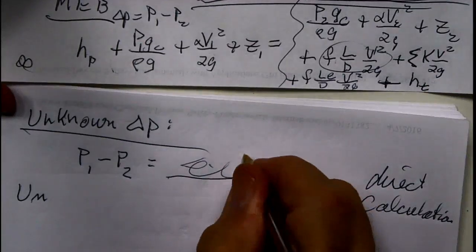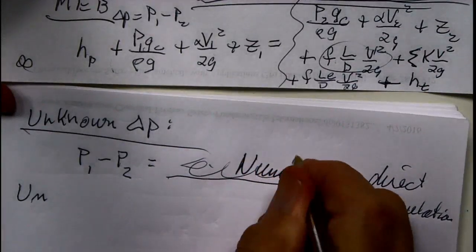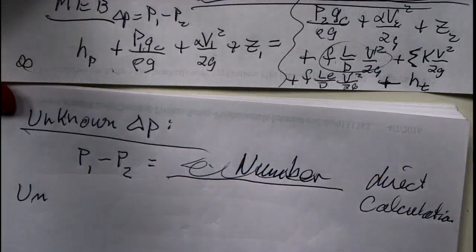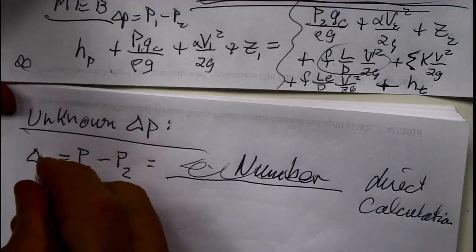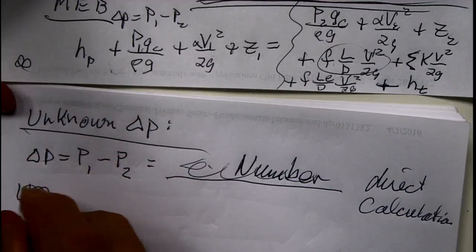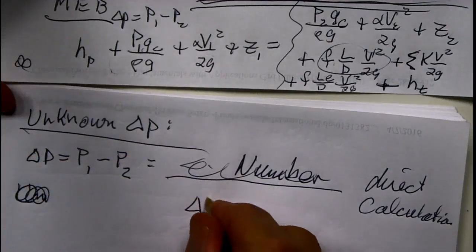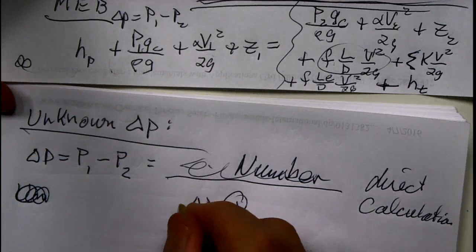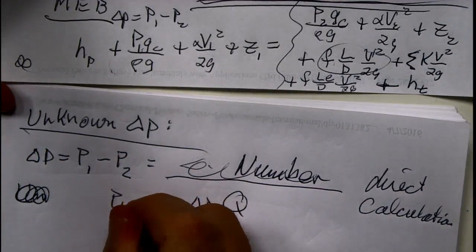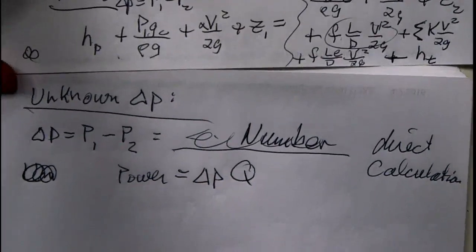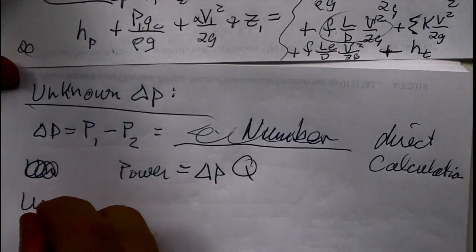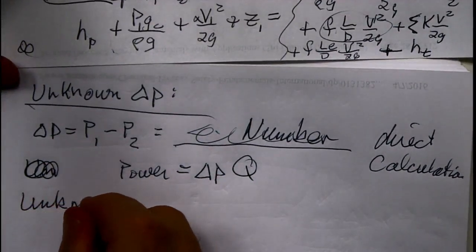There'll be a number sitting here, and you have a direct calculation for unknown pressure drop. Now then, again, we take the pressure drop times the volumetric flow rate, and that will give us the power. That's a very nice equation. Very nice.